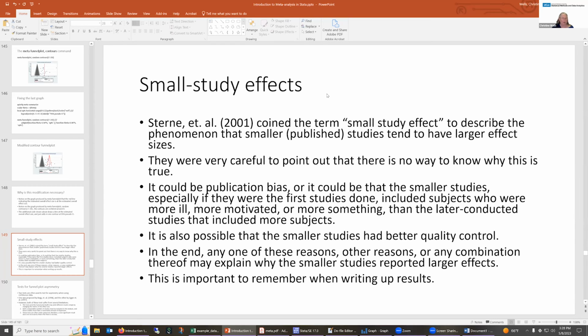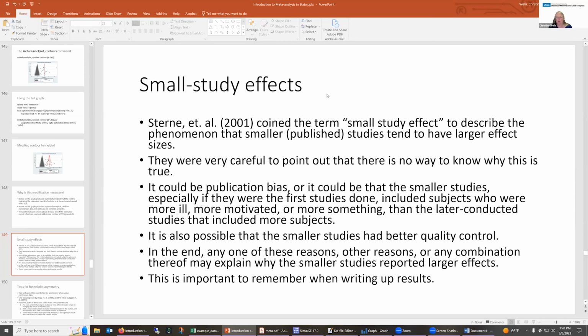Why would it be that if you have a small n and you're published, the effect is larger? Why is that? Well, as we said before, it's the relationship between n, power, and effect size.